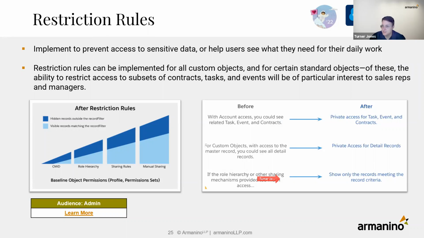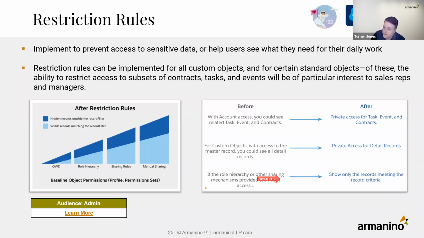All right, restriction rules. If Salesforce's permission structure was not already complicated enough for you, it can be even more complicated, which is great. With restriction rules, you can implement these on top of your existing permission structure.